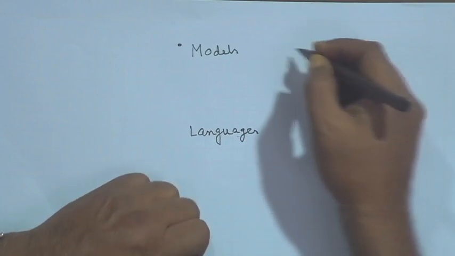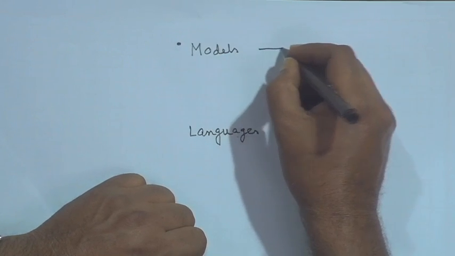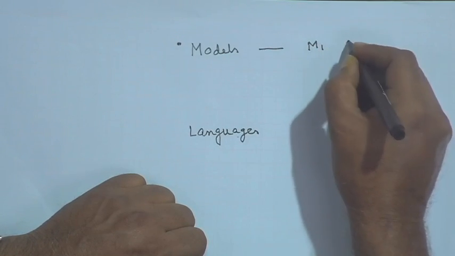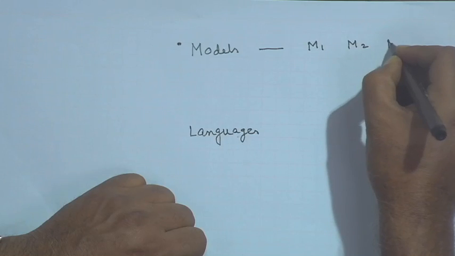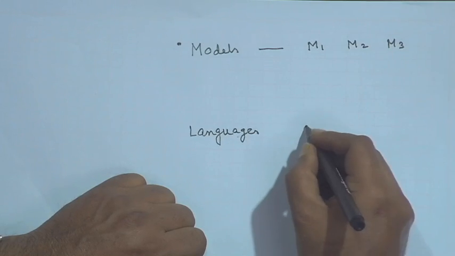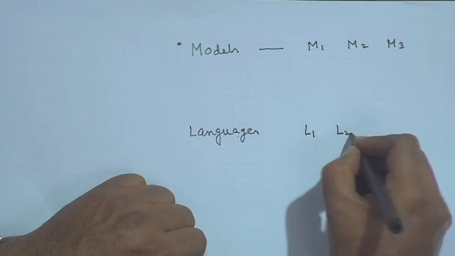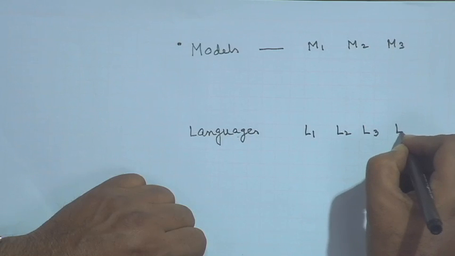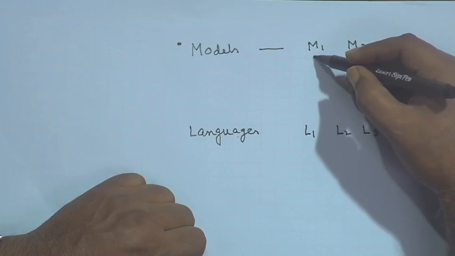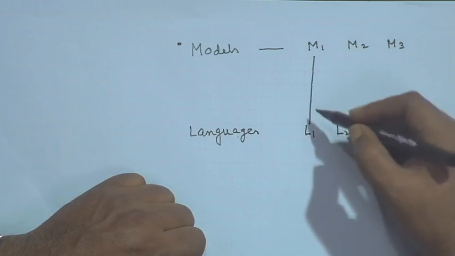Okay. Now, it is like a bipartite graph: there can be different models and there can be different languages, and some models can be captured by some languages.